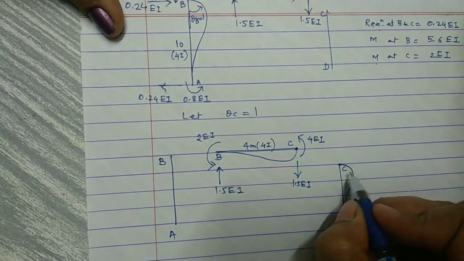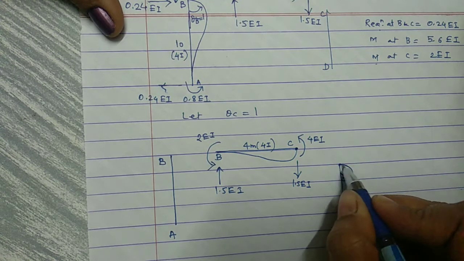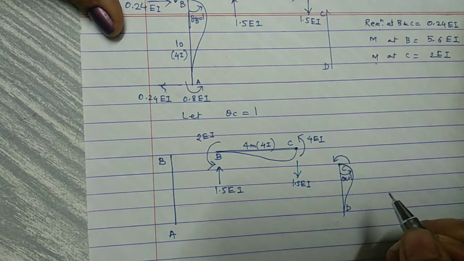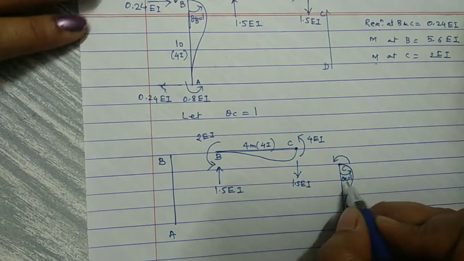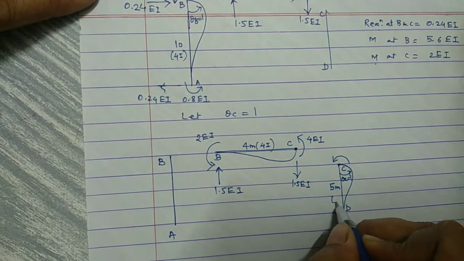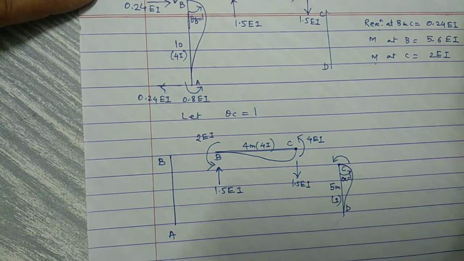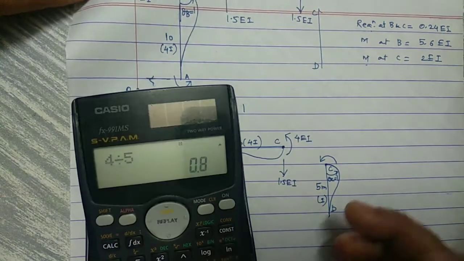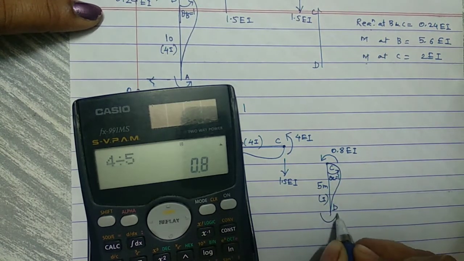Now for the CD column, giving unit rotation theta C equal to 1, this is the deflected shape, rotational stiffness. For the CD member the total length is 5 meter, inertia is I. So simply calculate 4 EI upon 5, that is 0.8 EI, and here 2 EI upon L, that is 0.4 EI.